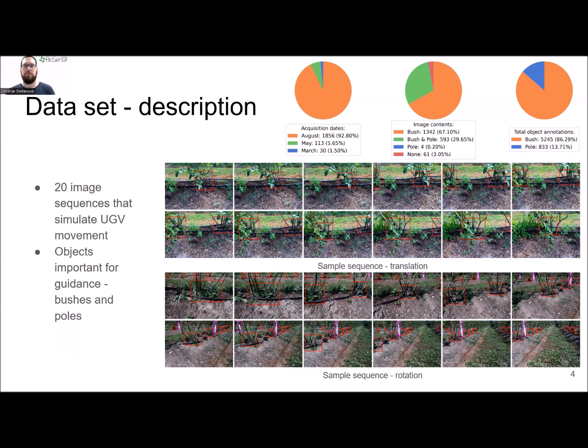The bush label corresponds to the base of the blueberry bush, and it is important, for example, for UGV alignment and micro-positioning in the orchard, while the pole label corresponds to the hail netting poles and similar obstructing objects such as lampposts or wooden legs of bumblebee hives. Distinguishing these poles is important to prevent equipment damage in operations such as soil sampling or pruning.